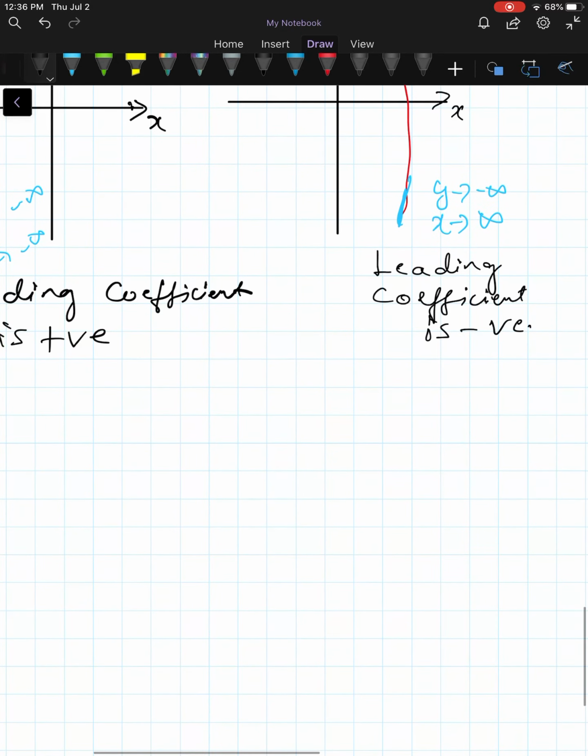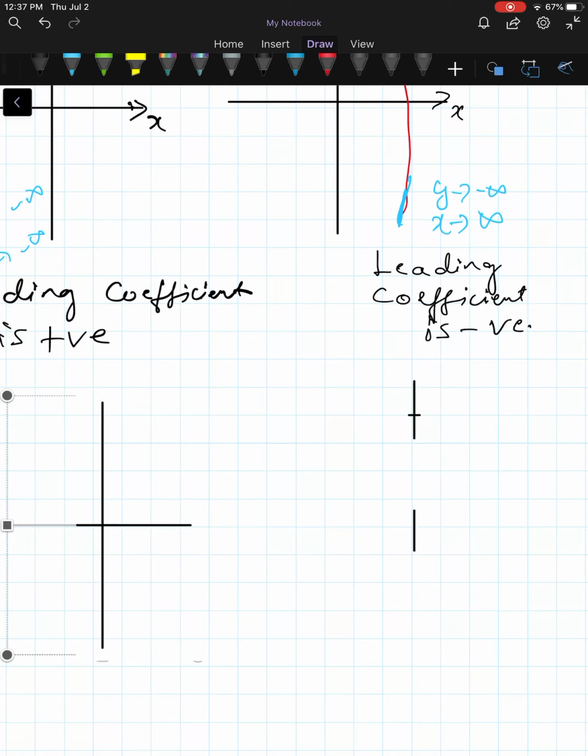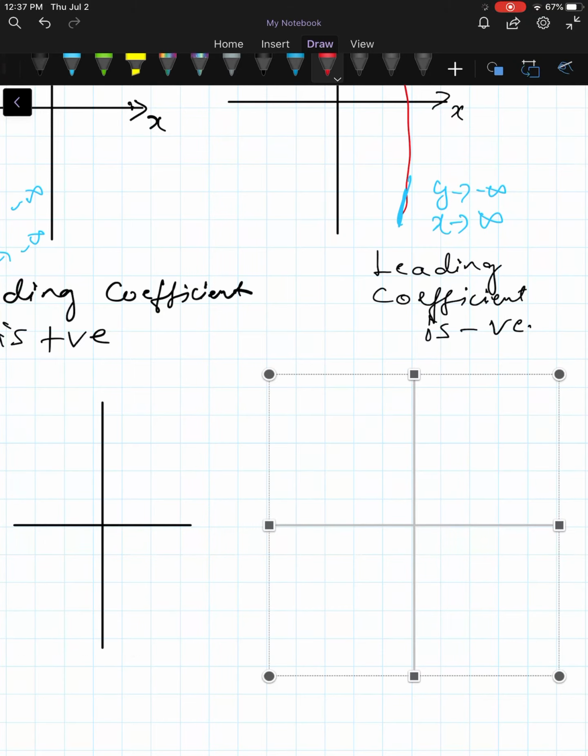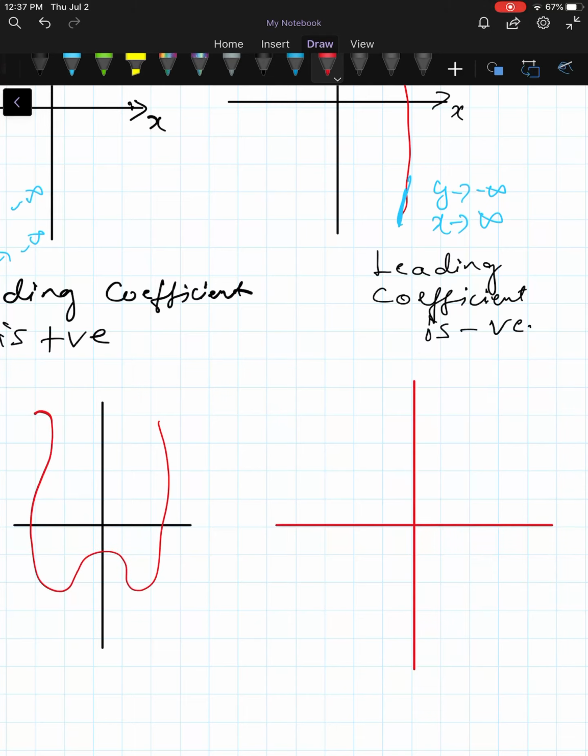Okay, so there is another possibility also. So let me draw two more graphs for you. If the graph looks like this, you can see that the end points will extend up to infinity, but they are in the first and second quadrant.